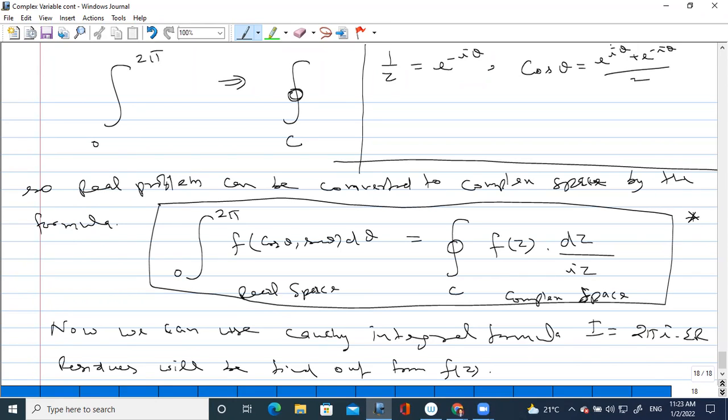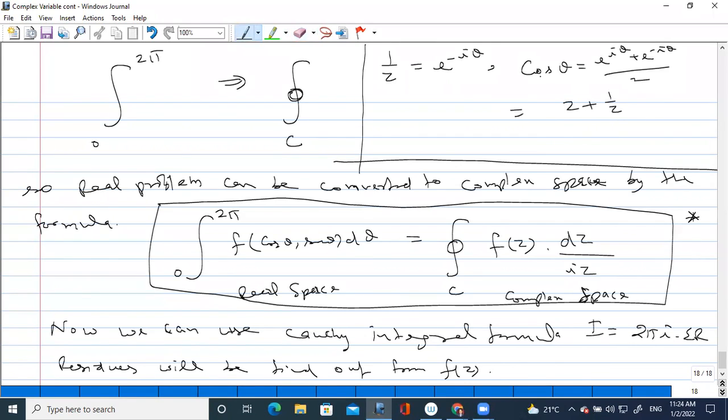So e to the power I theta can be written as z, e to the power minus I theta as 1 by z, divided by 2. So 1 by 2 common, it will become z plus 1 by z. Or you can simplify afterward, because this will be adjusted with numerator or denominator, but up to here we can remember it.